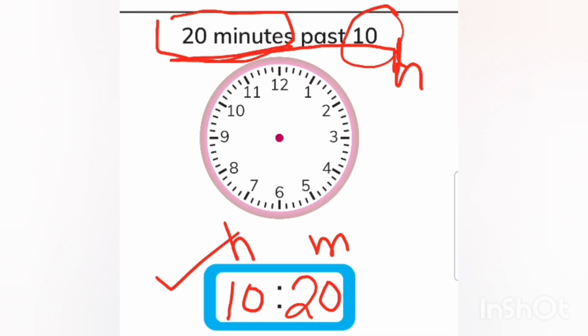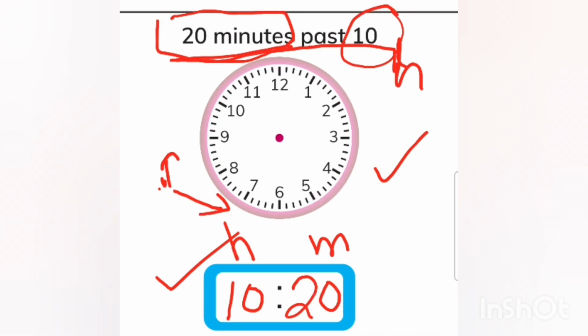Now we are moving towards our analog clock. So how can we find the hour? We know that we have to use 2 types of needle. One is a small needle and one is big in size.